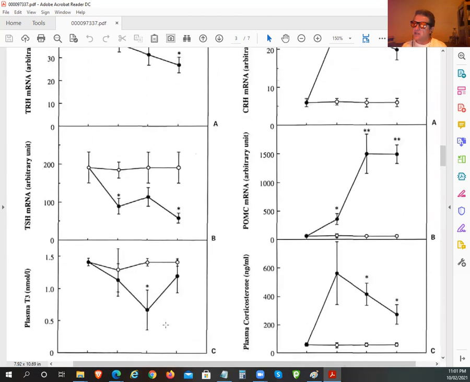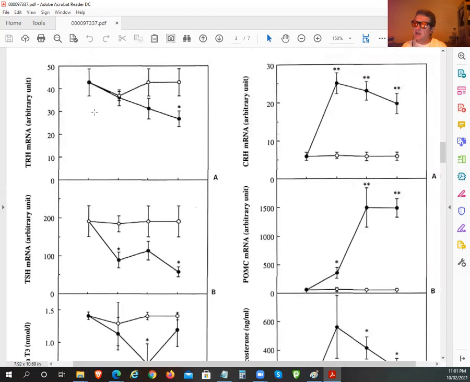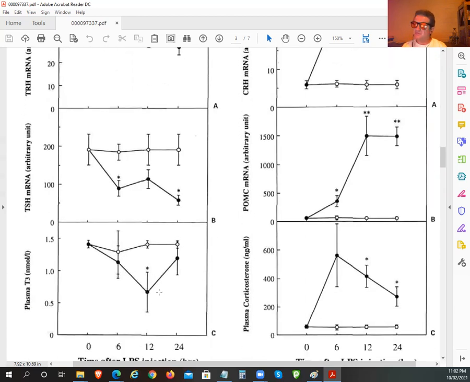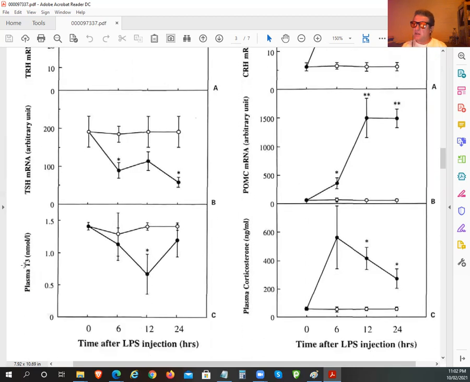So as you can see, TRH drops, TSH drops quite a bit, and the plasma T3 actually goes up. Actually, it responds to a bigger requirement of active thyroid hormone, but that's in the short run.